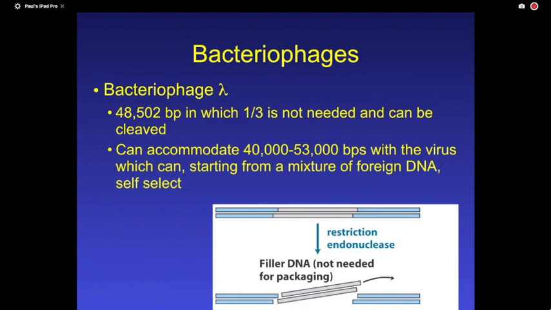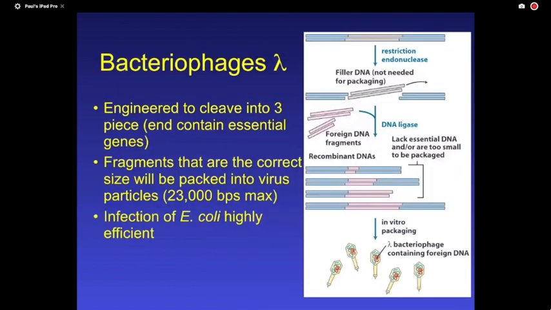The bacteriophage, when it all comes together and becomes a functional group, it's normally about 50,000. It can accommodate as small as 40,000, and it can accommodate up to 53,000. So in that range, as long as the DNA is in that range, the bacteriophage can work. So we can cut and we can package in our piece of DNA.